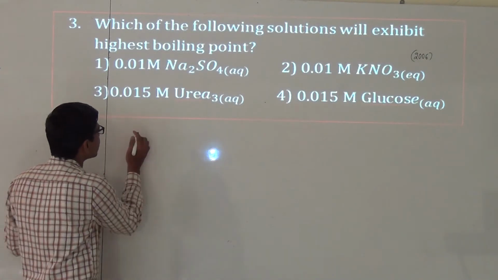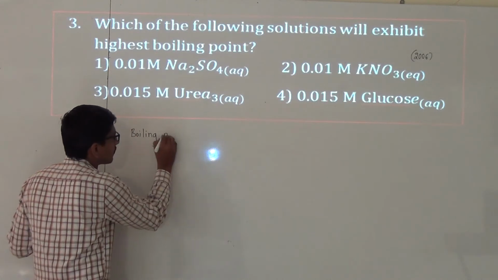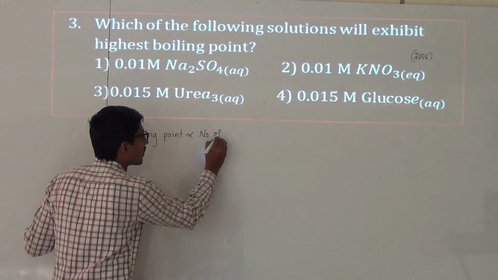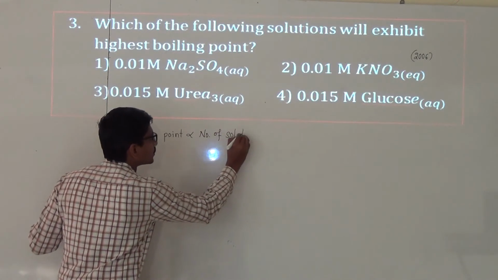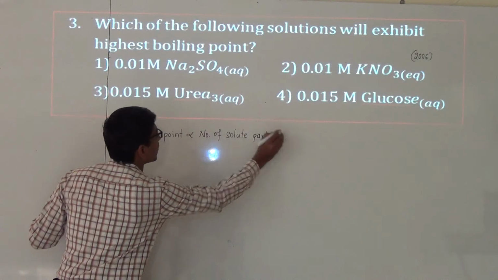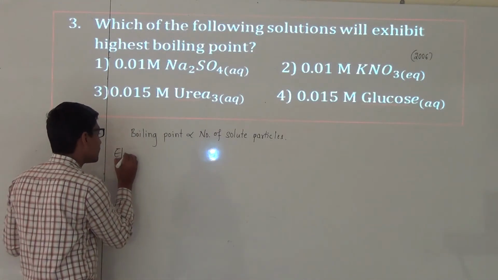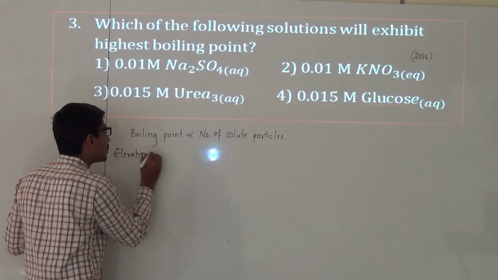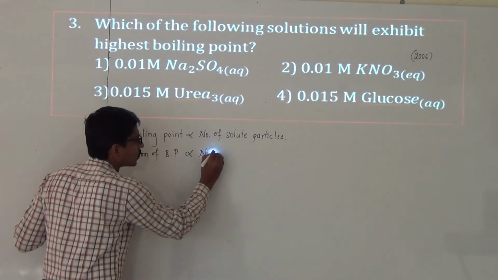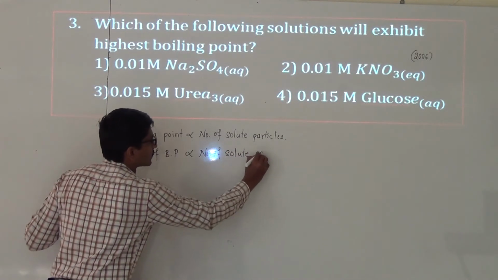Boiling point is directly proportional to the number of solute particles. Highest means elevation of boiling point is also directly proportional to the number of solute particles.